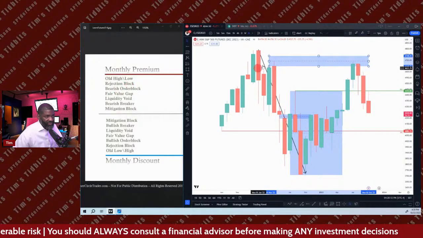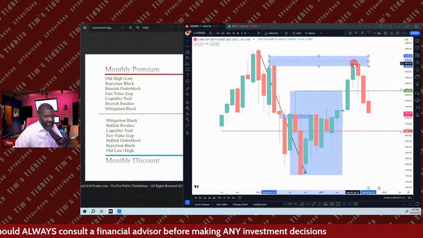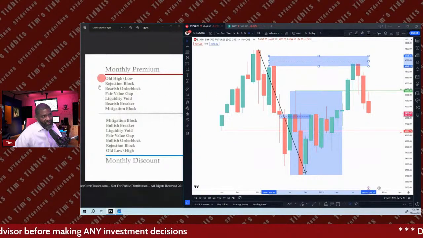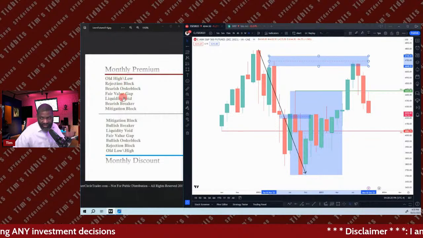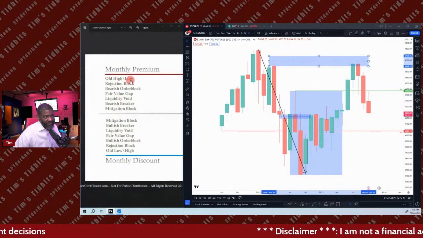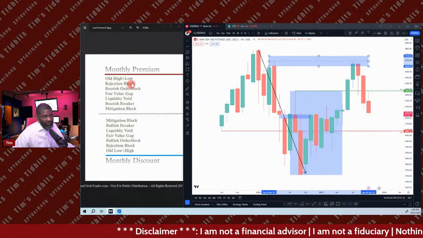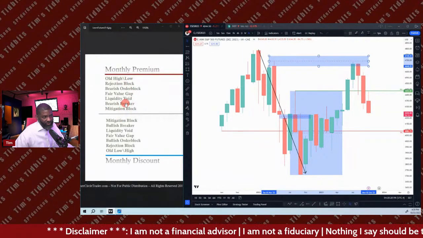Is there a rejection block? Yes, there is. Got to the rejection block, reversed. So it respects it on the higher time frames. It's the order of importance of it, so it looks for it as it's going along.